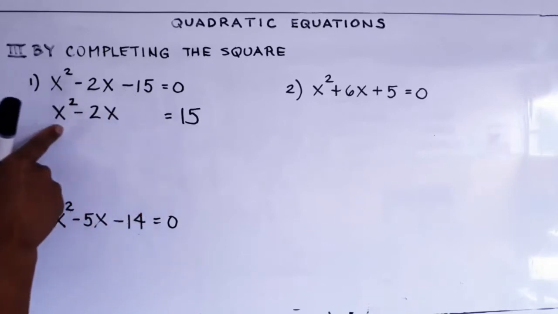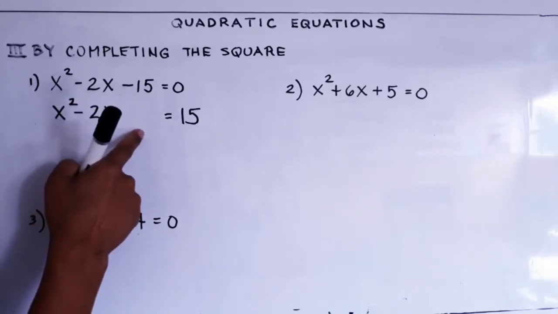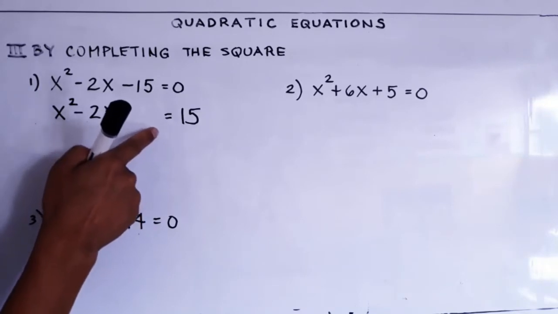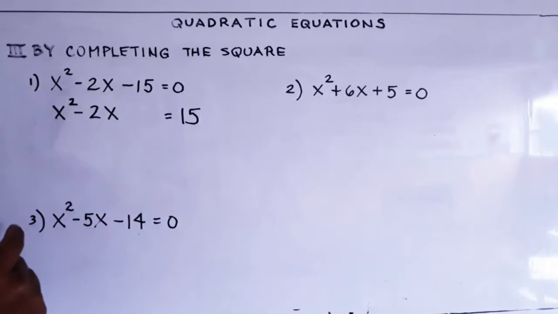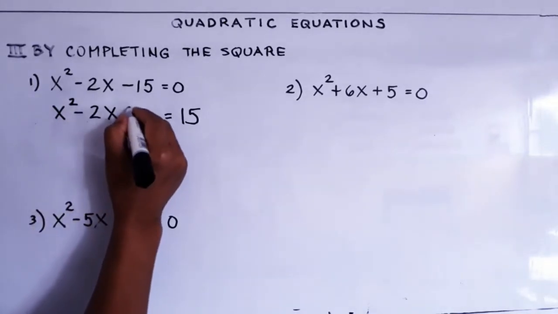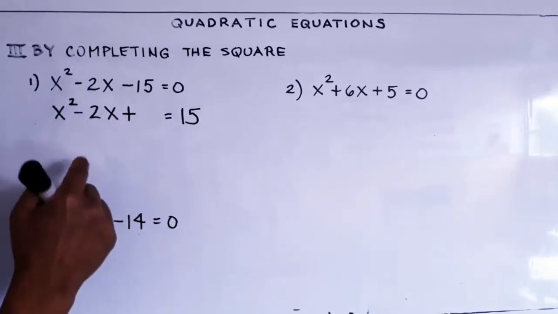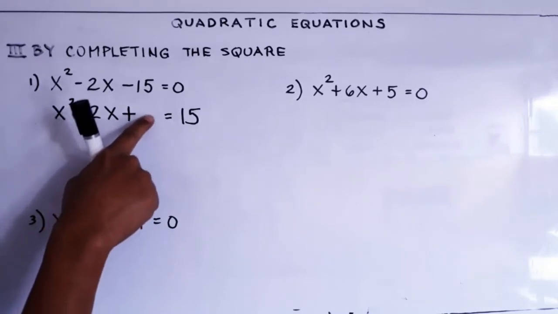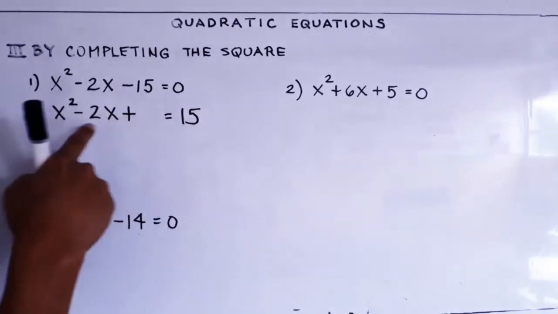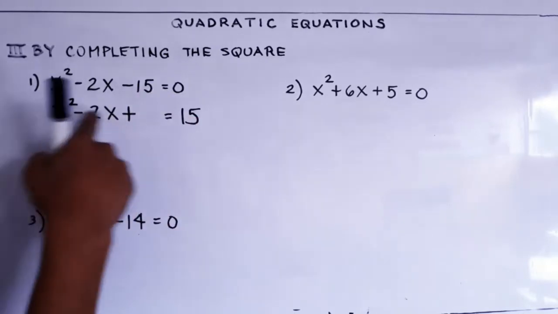so we can make this one a perfect square trinomial. And we know that for a perfect square trinomial, the last term is always plus, positive. So we are going to add something here to make this a perfect square trinomial, but by adding that number, we should also add that number on the other side to make the equation equal, or it will not change its value.